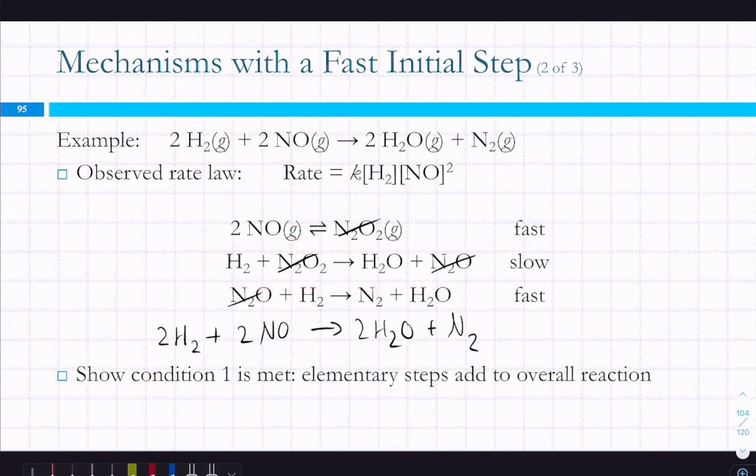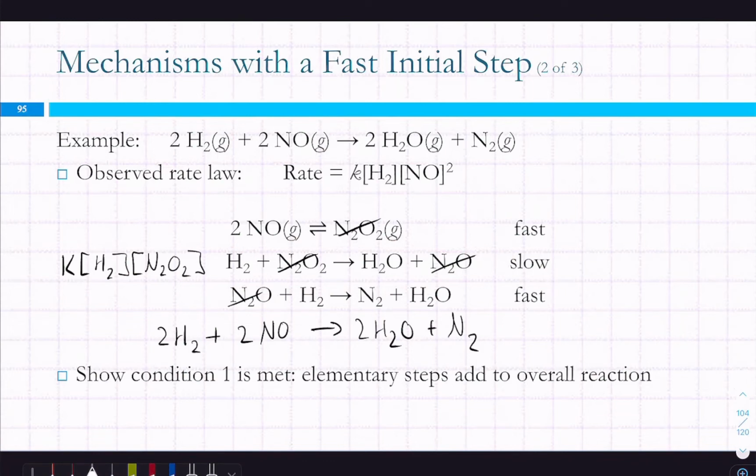So based on that slow step, what would our rate law be? The rate equals k times the concentration of hydrogen, H2, times the N2O2.